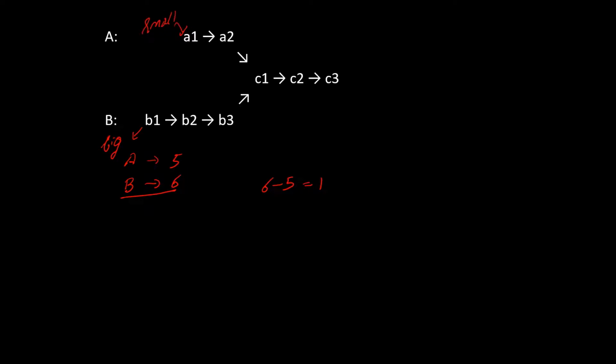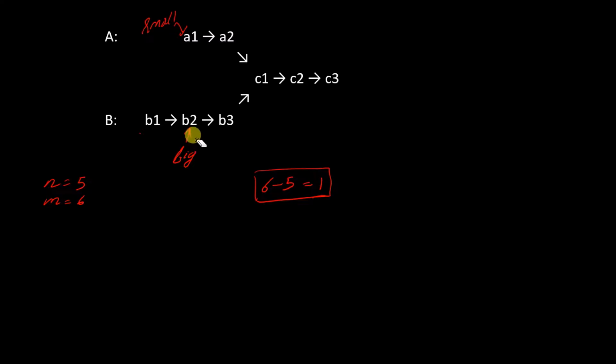So we will advance our big pointer by 1 time. Here big will come at this point. Here n is equal to 5 and m is equal to 6, so 6 minus 5 is equal to 1, and we advance big by 1. Now we will advance the big and small pointers simultaneously.